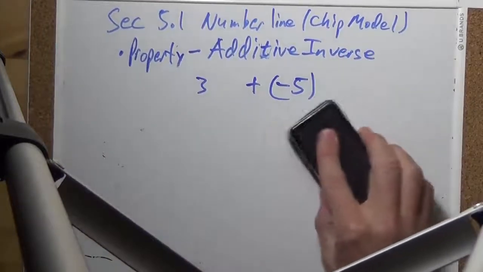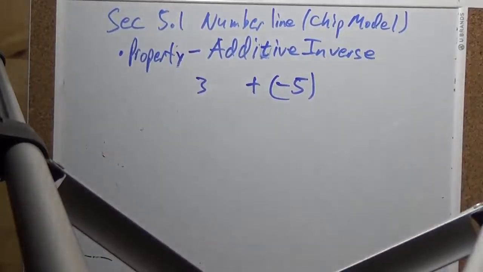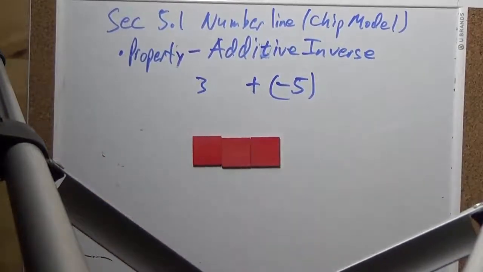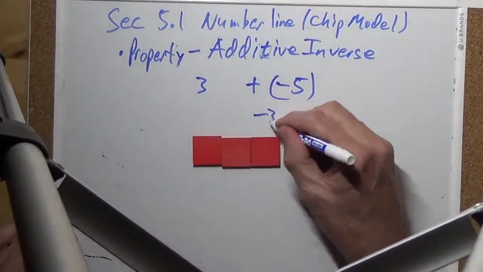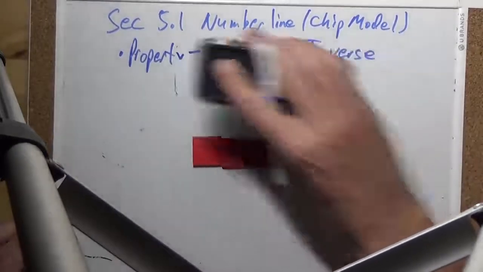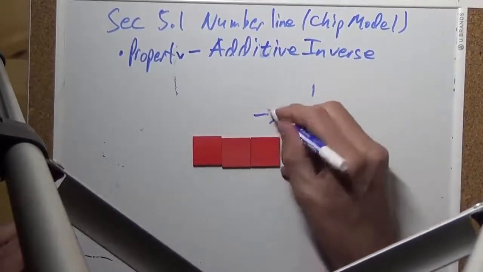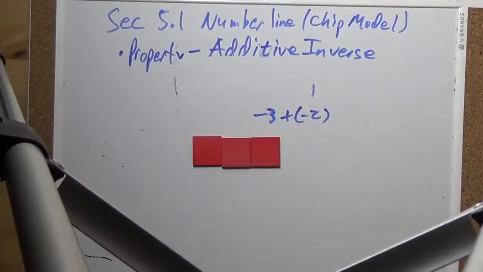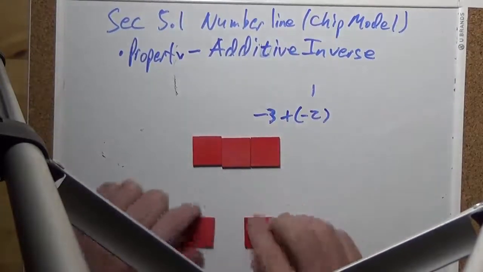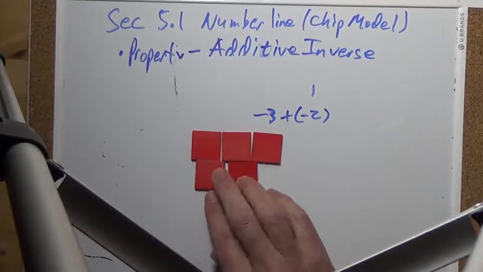So basically, in a nutshell, that's giving us a way to say, okay, what if I start here with -3? And how about if I add -2 to that? Well, I bring in my -2.